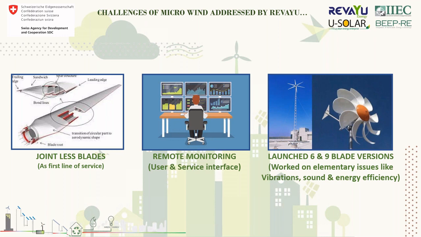Added vibration means the mechanical parts are more susceptible to damage. So the quality begins from the most critical key element, which is generating the power. That is where we have contributed and worked on it.